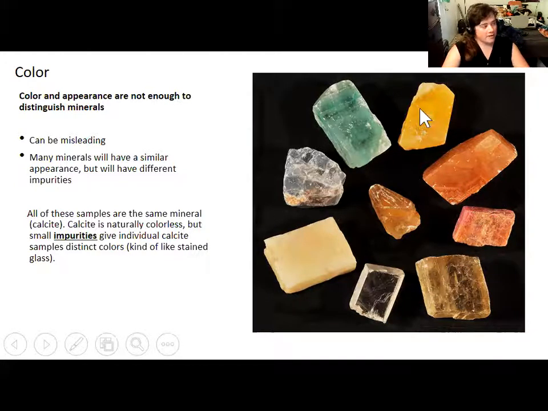I'm not as sure about some of these other ones, but different metals, when bonded to other atoms, will give calcite these rainbow colors. And so calcite, this particular mineral, is not easily identified by color always because it's very easily stained. Something we'll come to later is that calcite is very well defined by cleavage. It breaks in a very particular way, and so that ends up being a much more useful diagnostic property.